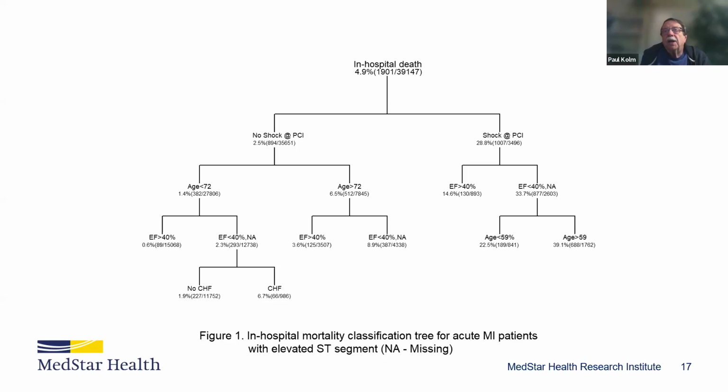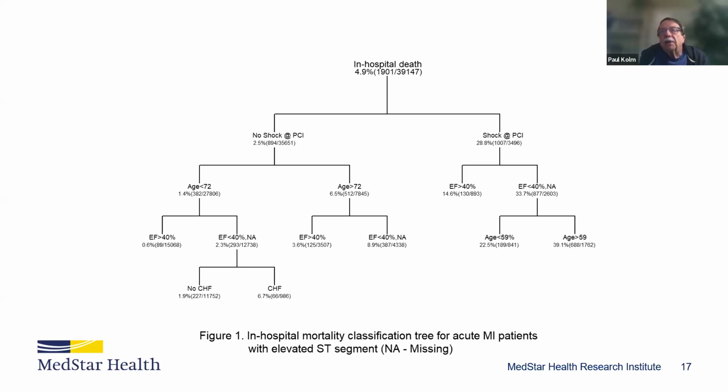Those who experience shock and have an ejection fraction less than 40 or are missing the ejection fraction, the death rate goes up to 33.7%. For those experiencing shock but with an ejection fraction greater than 40%, the death rate is a little less than 15%.